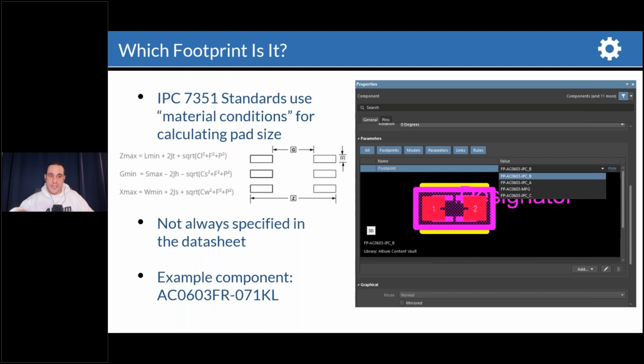There are formulas that I've shown here on screen for calculating that yourself just based on the material condition. Or if you get your parts data from a third-party source or you're getting it direct from Altium Designer, you may find additional footprints inside of that component. These footprints generally correspond to a different material condition in the IPC 7351 standard.